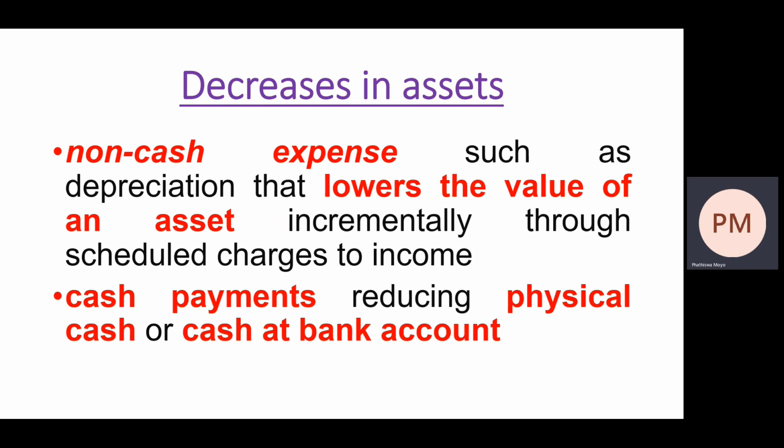Okay. That talks to amortization, that talks to also the spoilage on inventory, the damages on inventory, for example, floods damaging inventory stored in the warehouse or inventory expiring before it's even sold. So that is a decrease in asset.